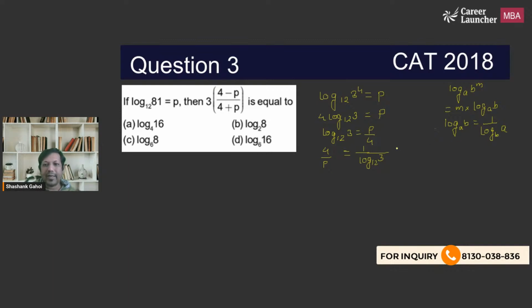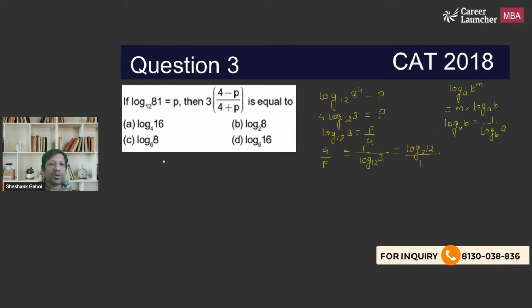So I can write it as log base 3 12. So I hope everyone is clear. So 4 upon p is equal to this.